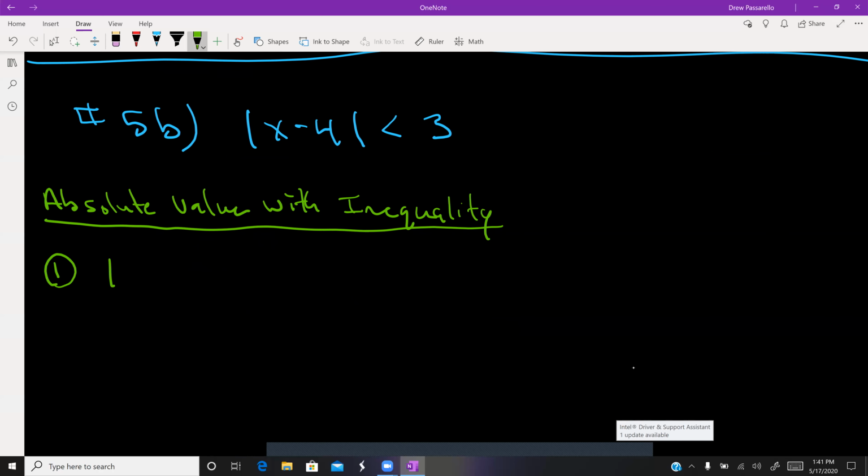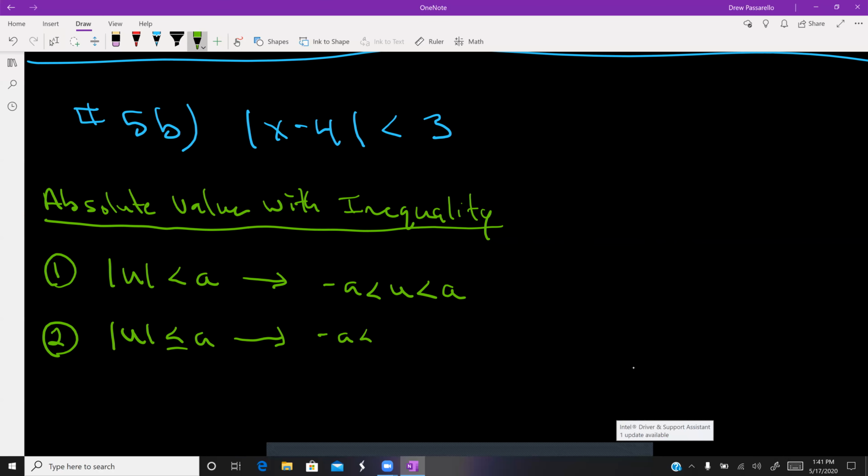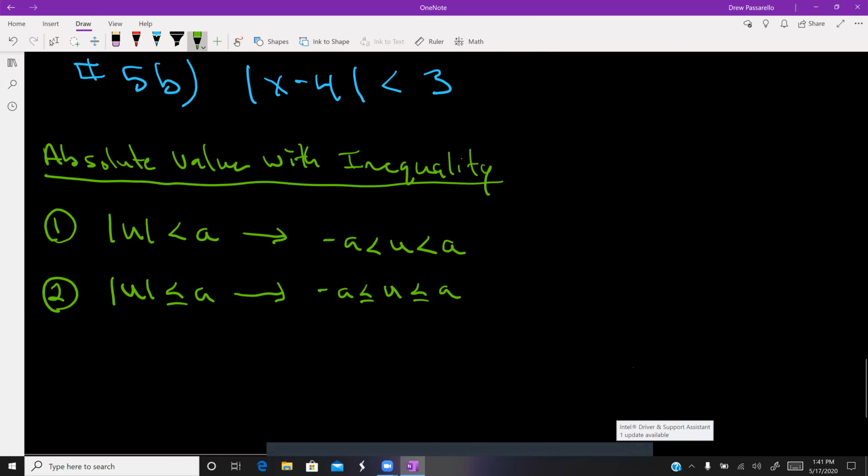If I have the absolute value of u less than a, you can translate this out of an absolute value into -a less than u less than a. If we have the absolute value of u less than or equal to a, it's similar, just with less than or equal to signs. Those are those two cases.